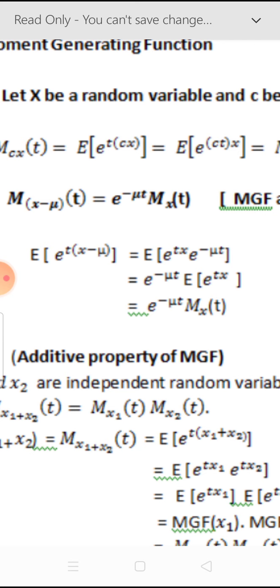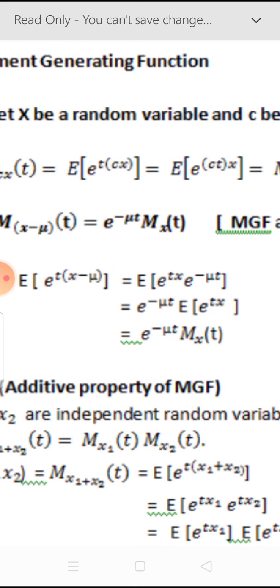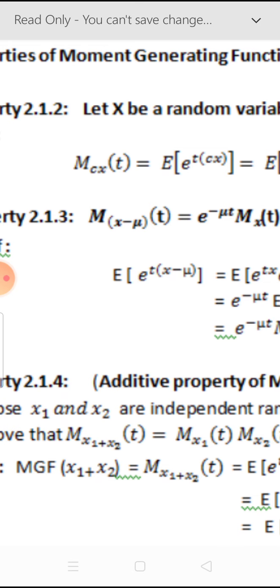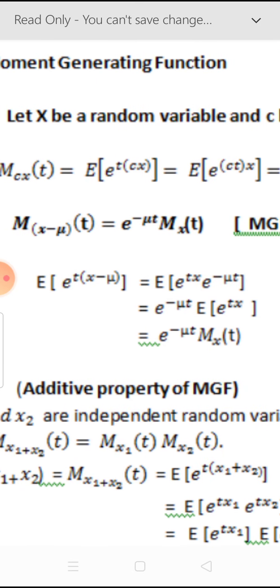So therefore again we apply the formula, expectation of e power t into, instead of X we write it as X minus mu. So we know the formula for E of e power tX is M_X, moment generating function M_(X minus mu)(t) is equal to expectation of e power t into X minus mu.